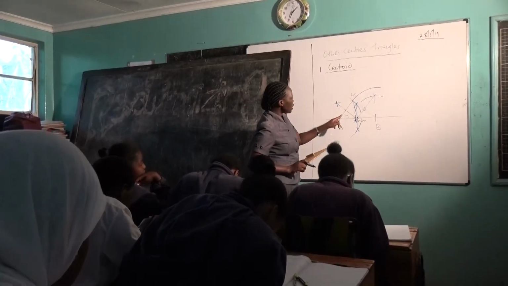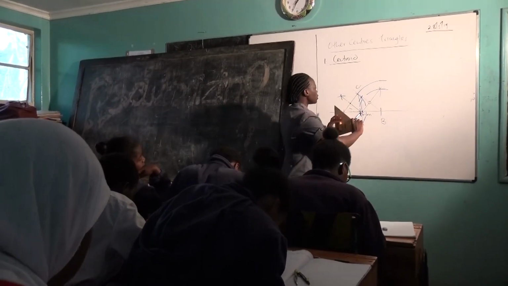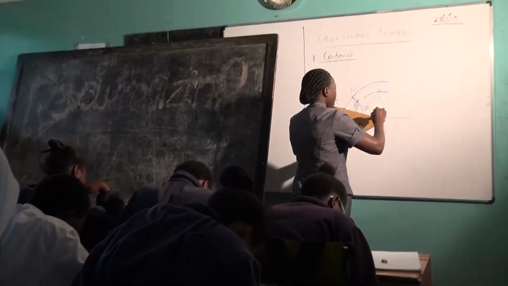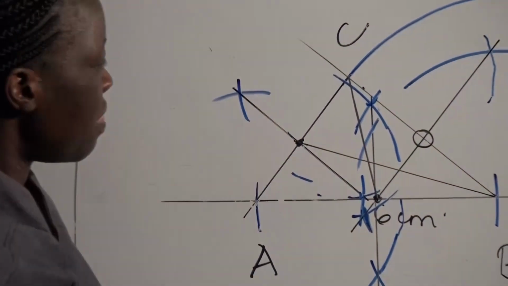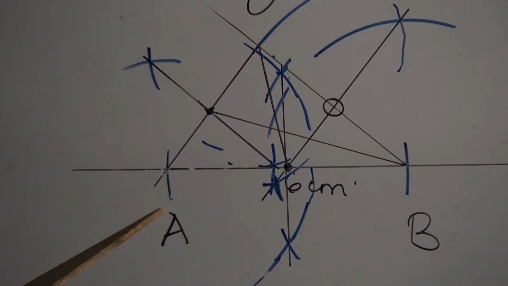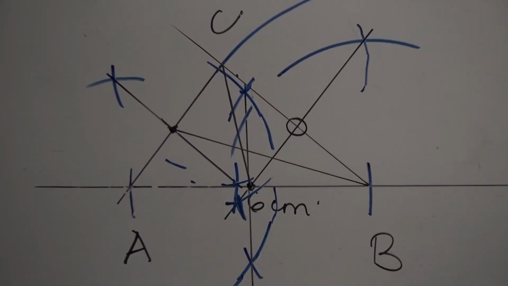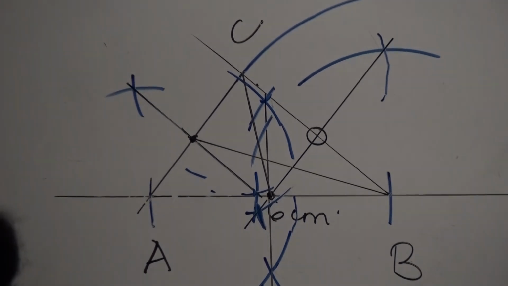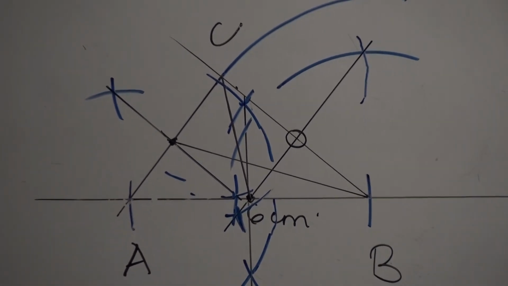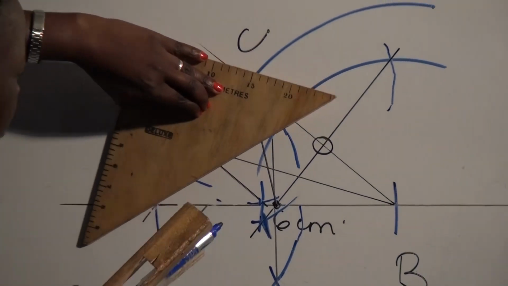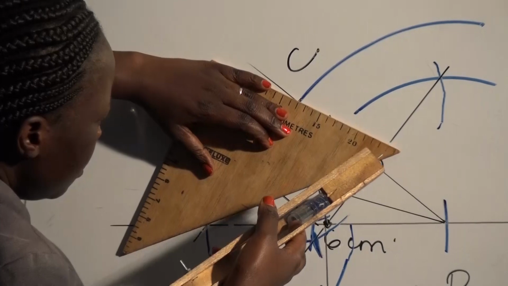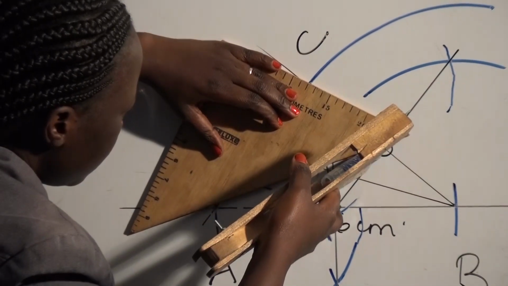Then we join from this median to what? To B. I don't know if you will see it well. The lines I'm creating, so we've joined those ones. Then I'm yet to join this vertex from A to this median, this one of mine here. So I hope you're seeing it.